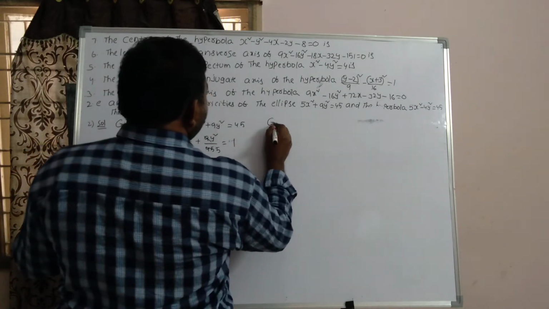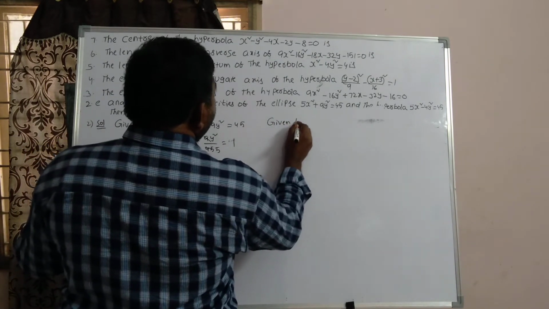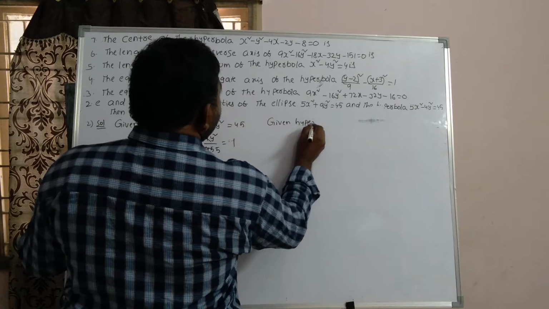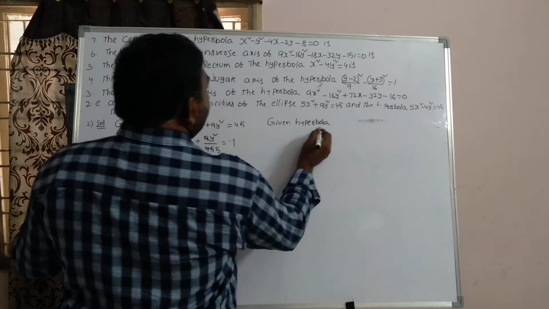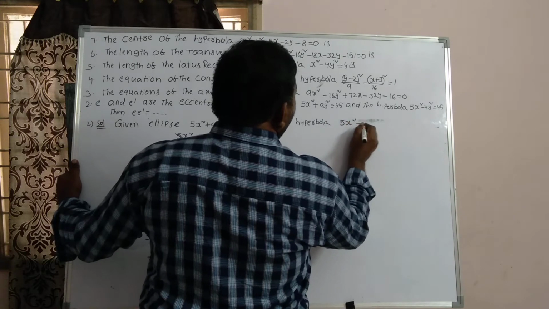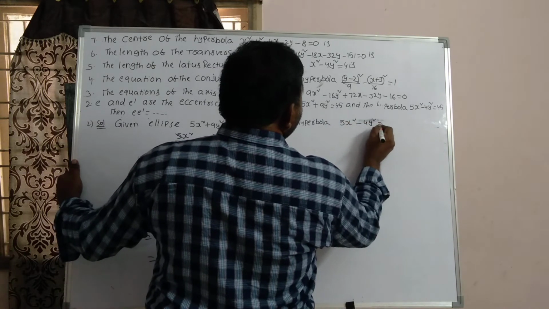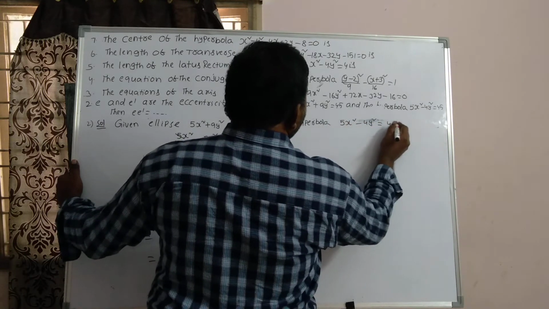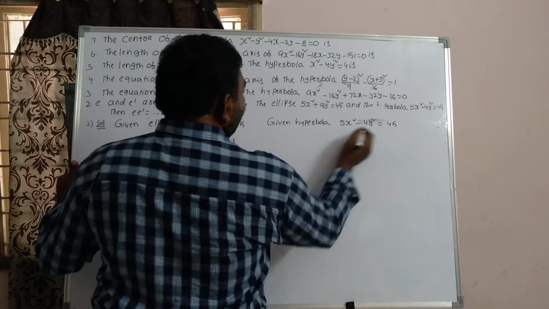Given hyperbola means 5x square minus 4y square is equal to 45. Here also divide both sides by 45.